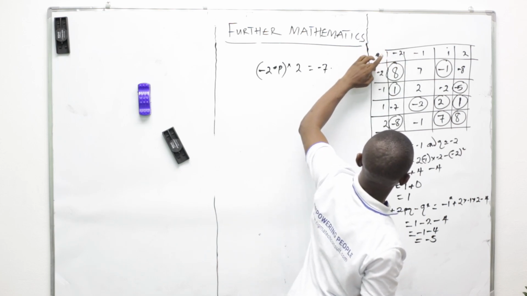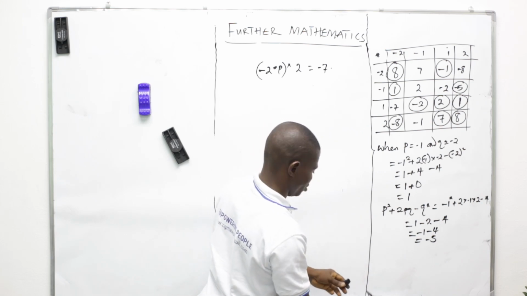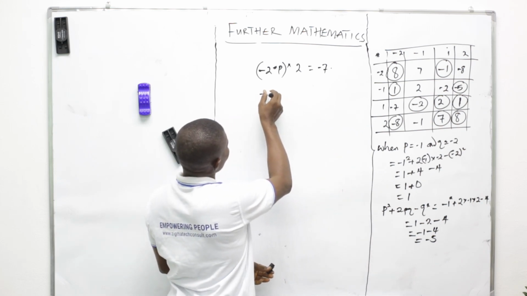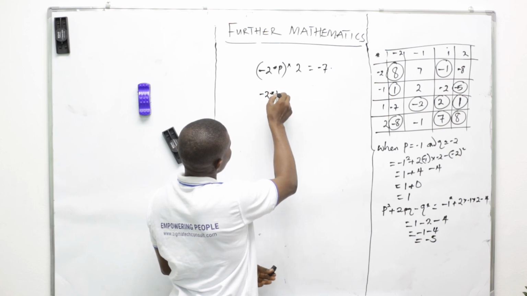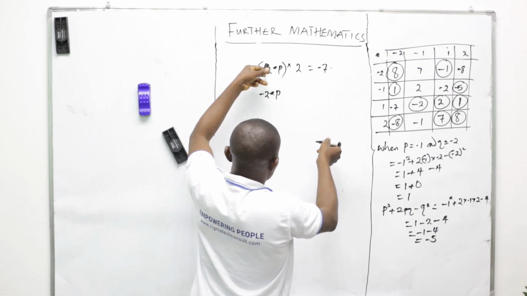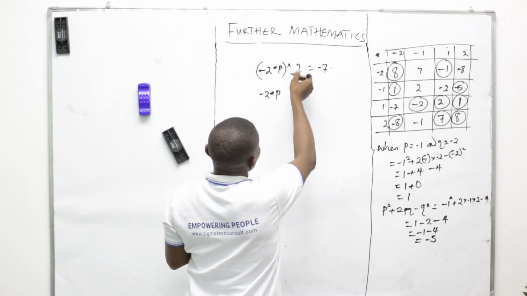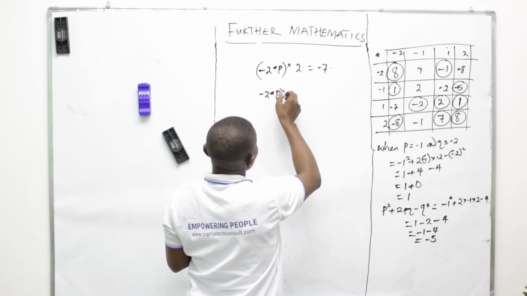This is P and this is Q. Minus 2 operating on P. That is a number multiplied by 2 to produce.